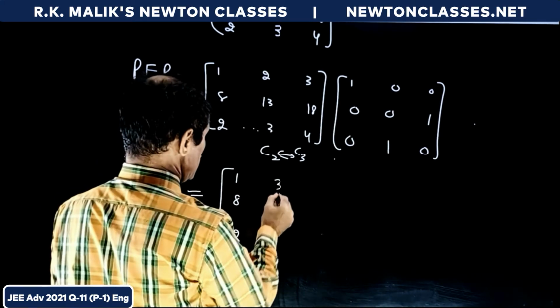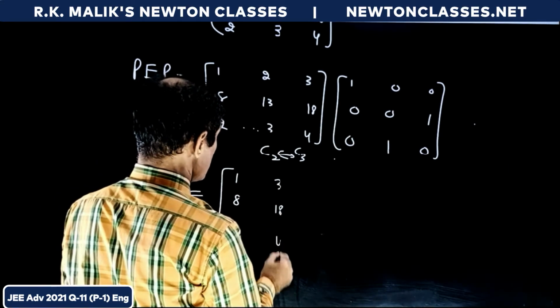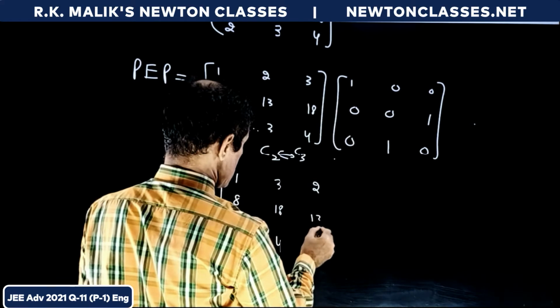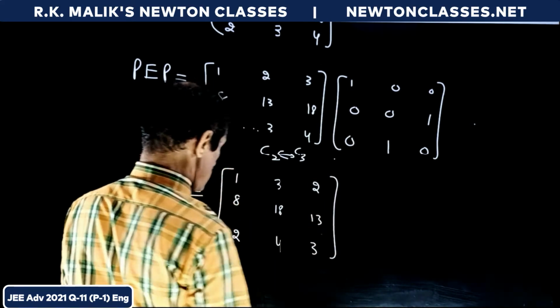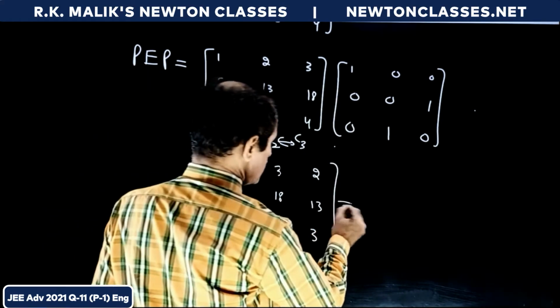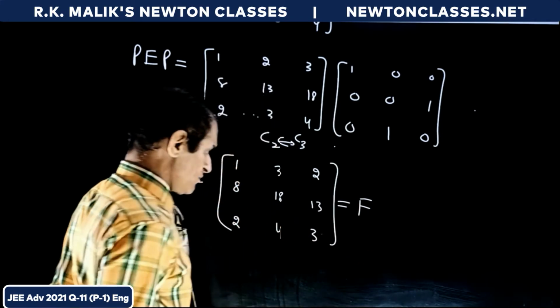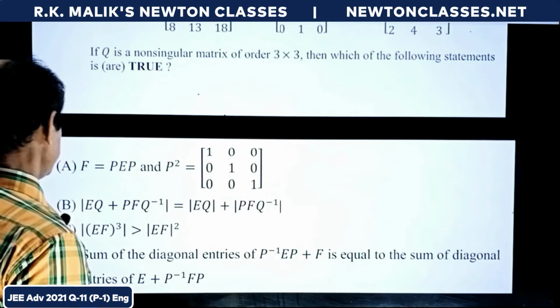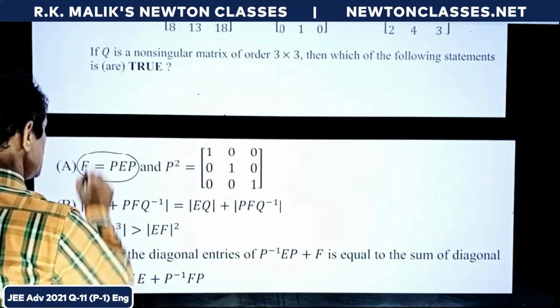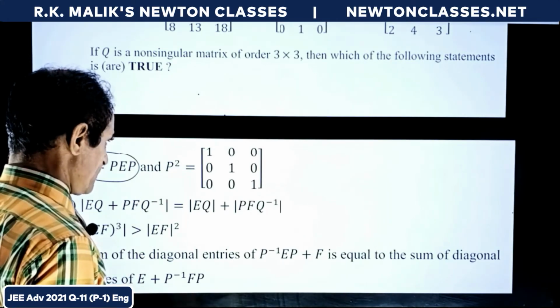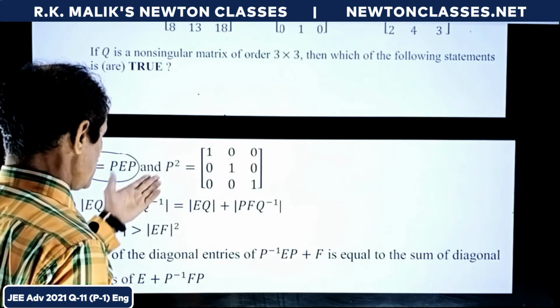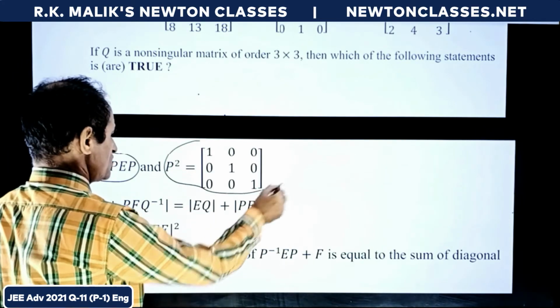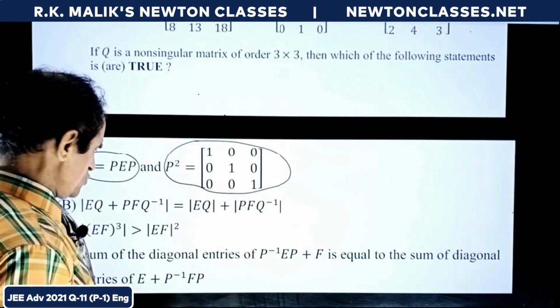That is, I will get 3, clearly this is the matrix F, from here you can see. Hence I can say this part is true, and this thing I just now told is also true.